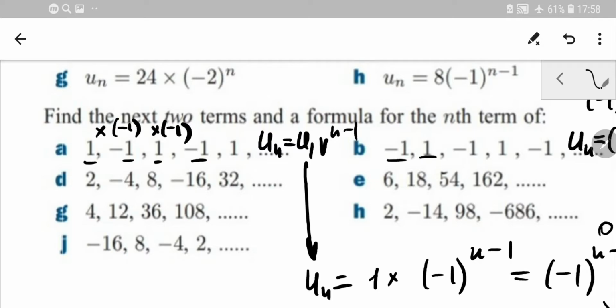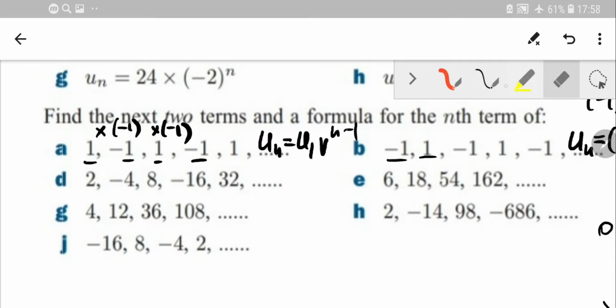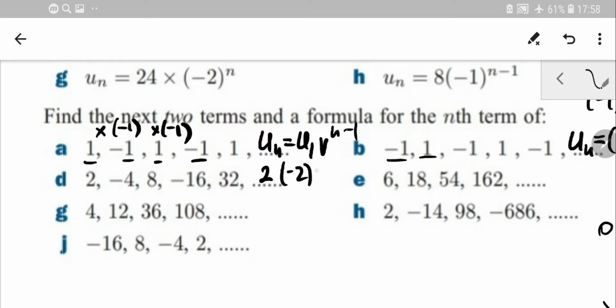Let's figure out the same rule for a geometric sequence. So 2 times -2 to the power n minus 1. You can leave that as it is. There is one way to simplify, but if you leave it as it is, it will also be correct.